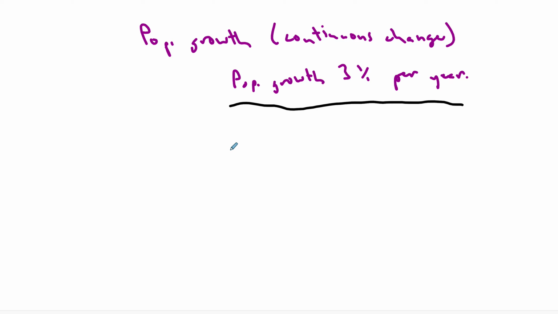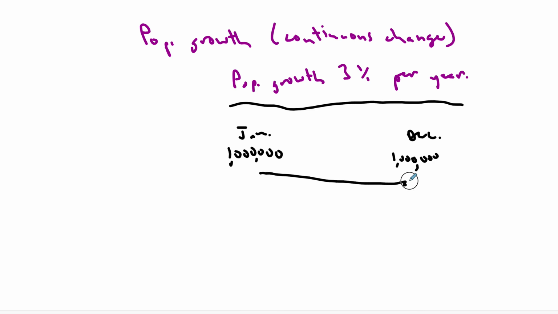So if you think about the population, let's say the population's 1 million, in January, and then in December, the population is still 1 million, but then at the end of December, we get this fresh influx of babies. In other words, you get our 3%. That's not how it works, okay? What happens is over the course of this whole time, the population gradually grows, continuous growth.